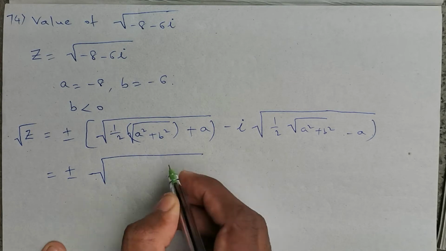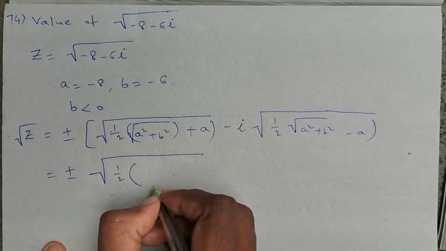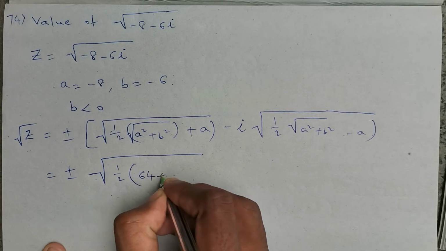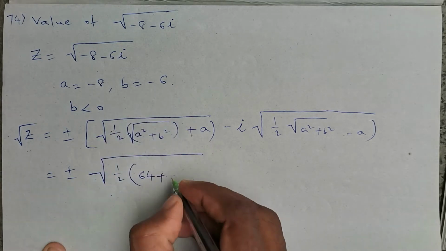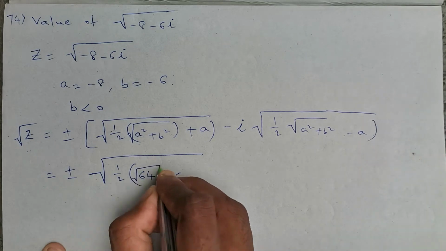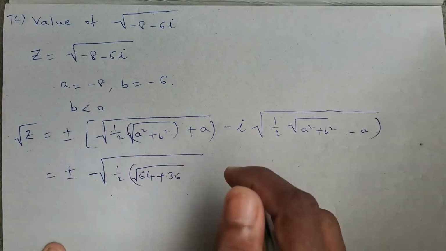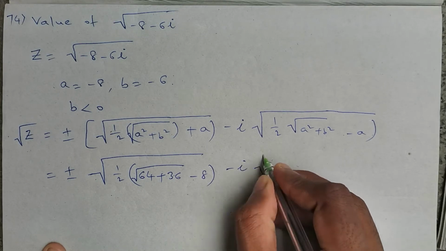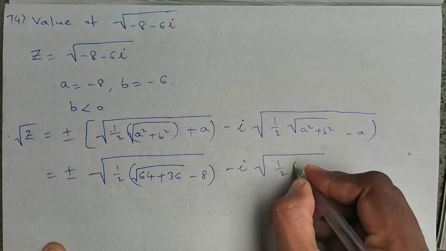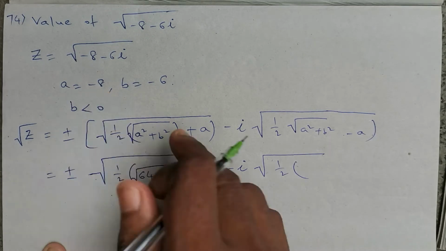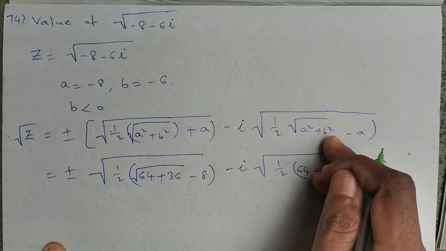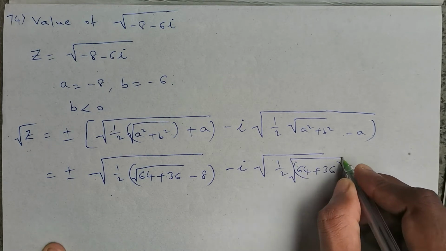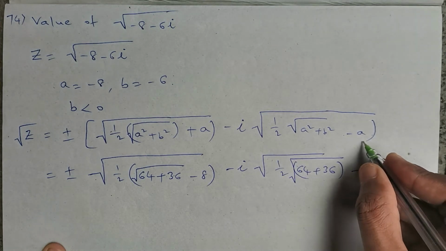under root half into a square minus 8 square, it is 64, plus b square minus 6 square, it is 36, under root plus a value, which is minus 8, minus i into under root half into a square, again 8 square 64, plus b square, again 6 square 36, for this square, minus a value.